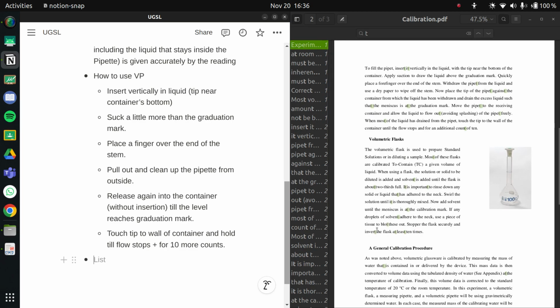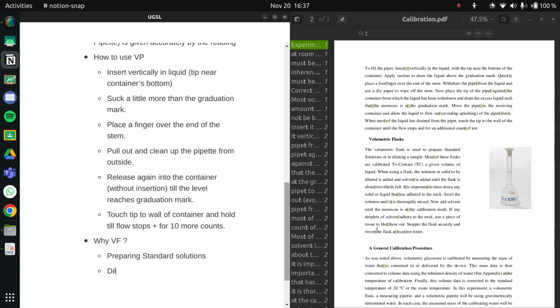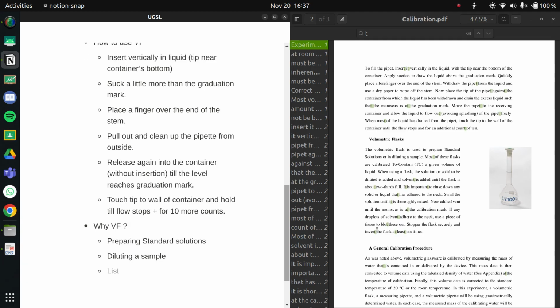Now volumetric flask. So the volumetric flask is used to prepare standard solutions. So why volumetric flask? Used to prepare standard solutions or in diluting a sample. Fine. Most of these flasks are calibrated to contain, right?